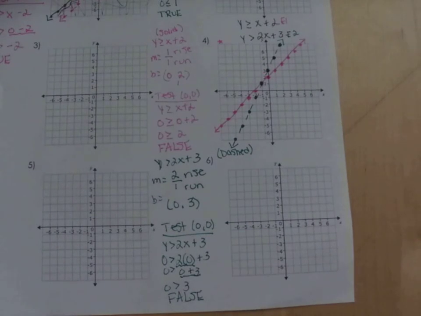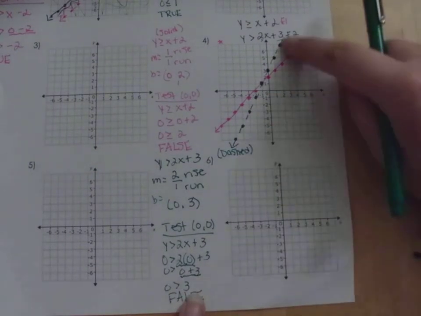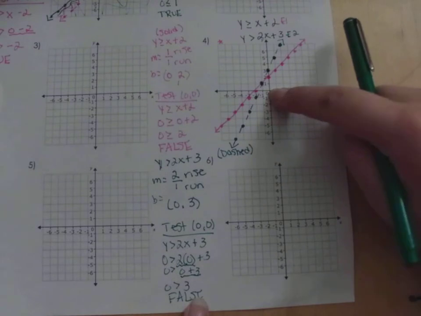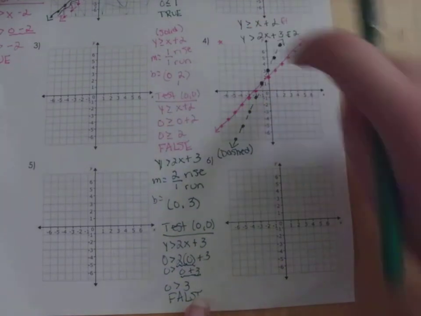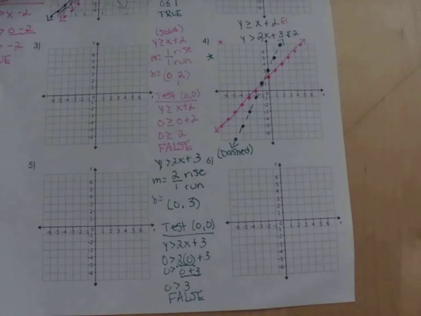So I'm going to use a different color here. So that means, use blue. So we find 0, 0 in relation to our green line here. It doesn't work, so that means we need to shade on this side of the green line. So also on this side.